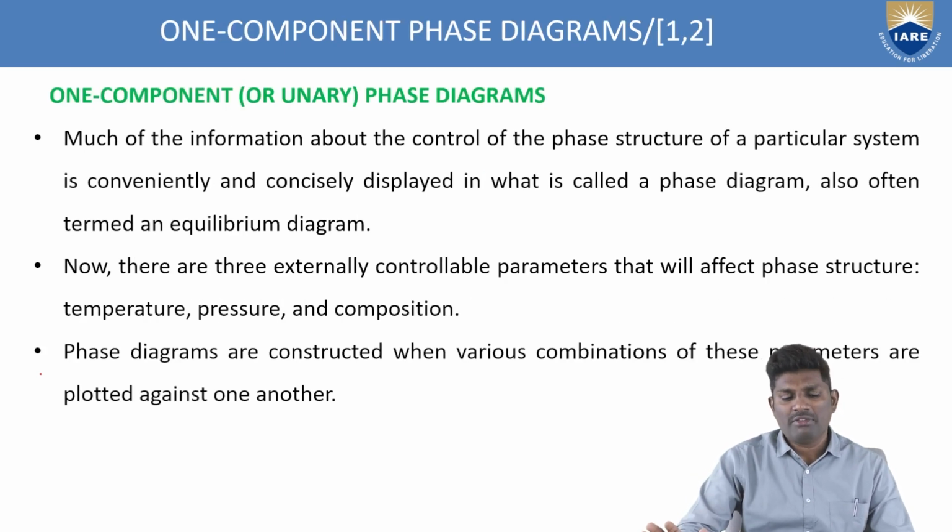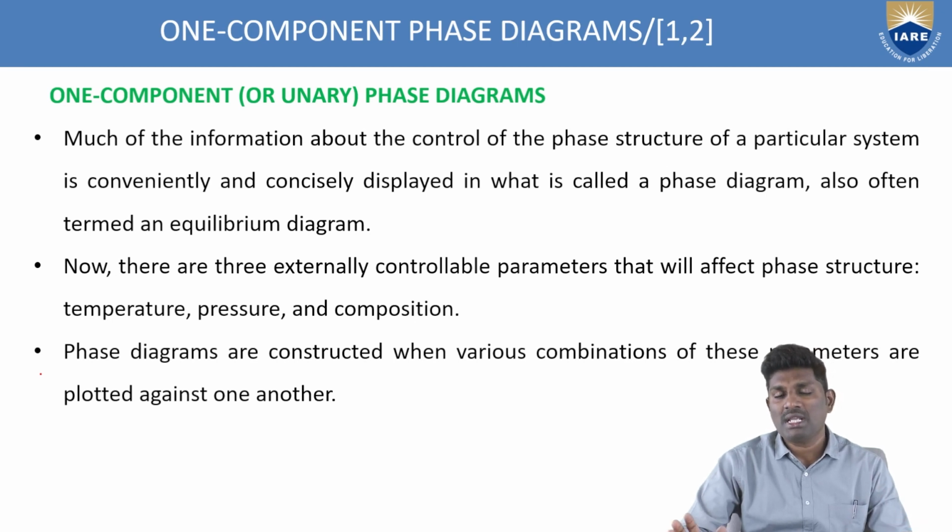Coming to phase diagrams, you have binary phase diagrams and unary phase diagrams. Whatever phase diagrams you have, there are two classifications: unary and binary. A unary phase diagram is nothing but a one-component phase diagram, where only one component is present.